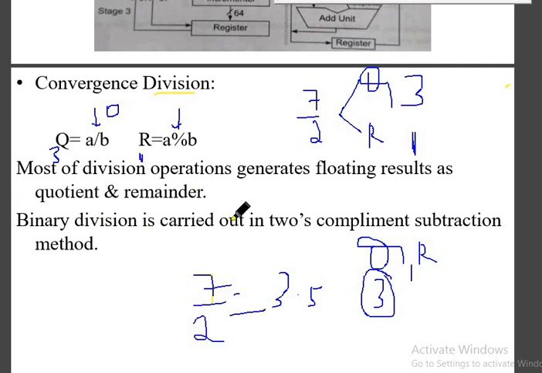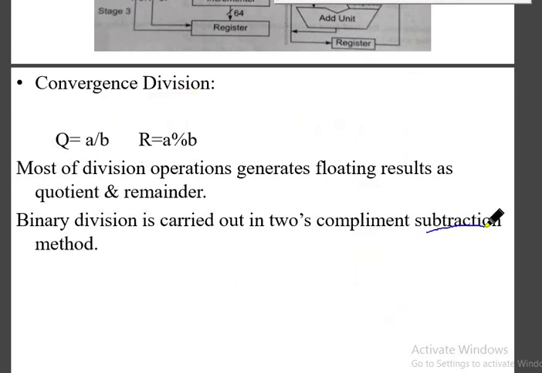Most divisions, as I mentioned, we write as floating point, like 3.5. These are the methods we write. In a computer, division is performed using a base operation called subtraction. Just as we define multiplication as n times addition, we define division as n times subtraction.